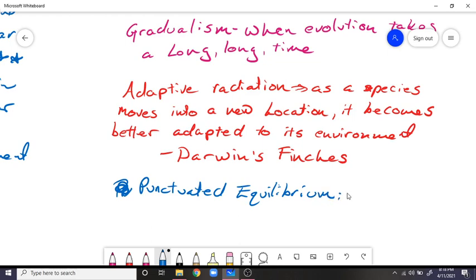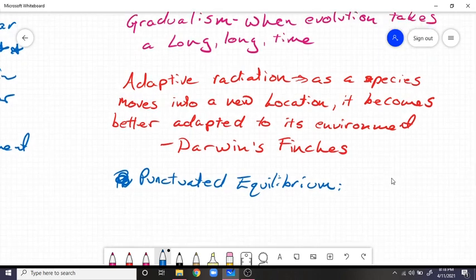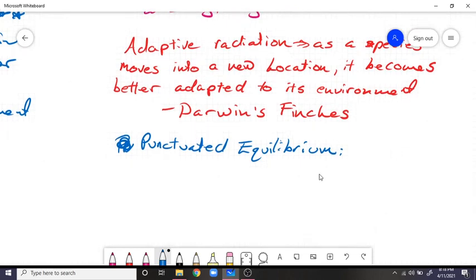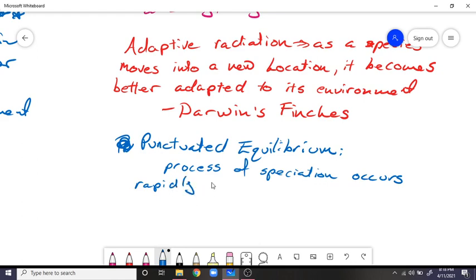Punctuated meaning a dramatic, equilibrium coming back into balance. Punctuated equilibrium is the process of speciation, creation of a species, occurs rapidly between periods of little change.